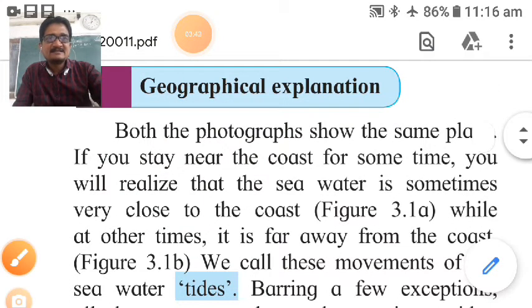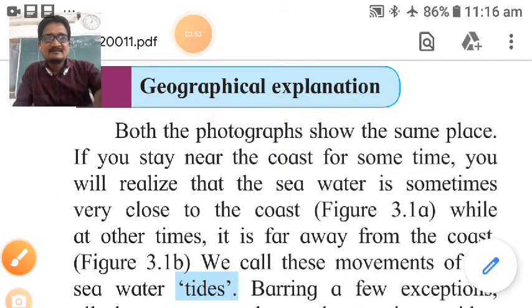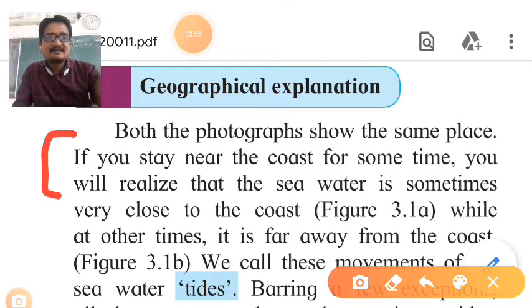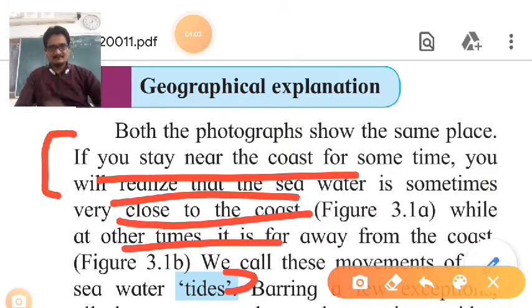See, these movements. If you stay near the coast, we call these tides. These lines you can just note down in your notebook.